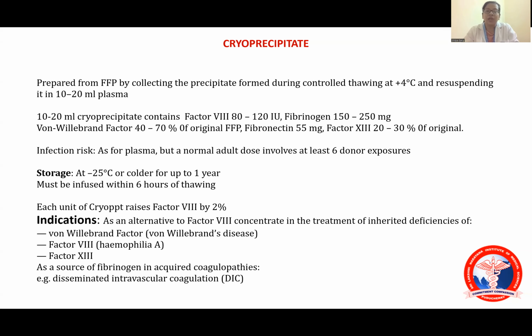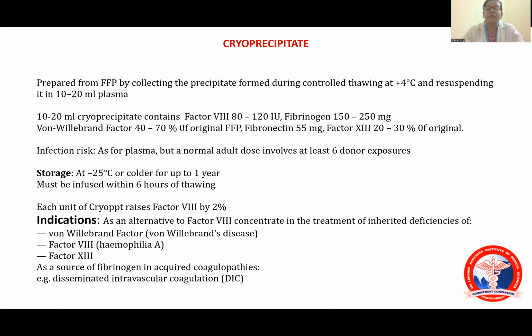Infection risk is as for plasma, but a normal adult dose involves at least 6 donor exposures. Storage is at minus 25 degrees Celsius or colder for up to 1 year, and it must be infused within 6 hours of thawing.